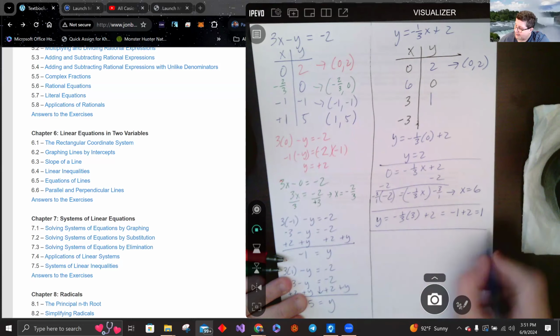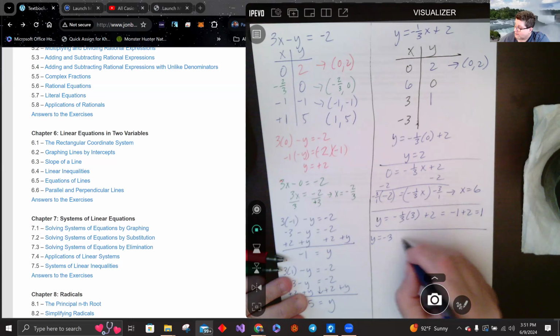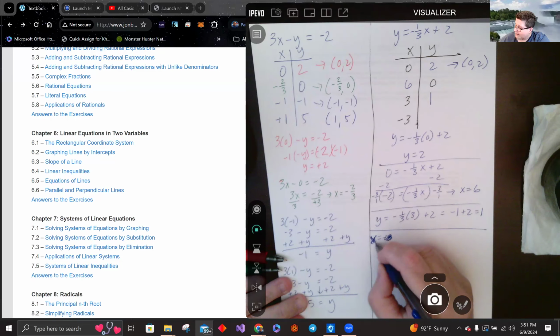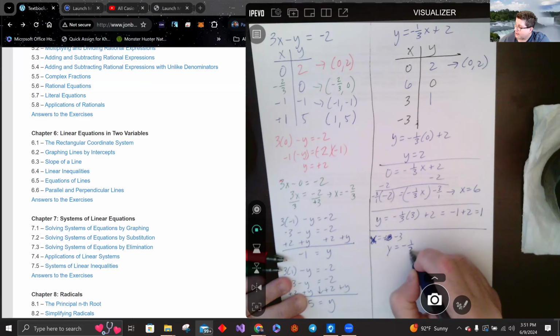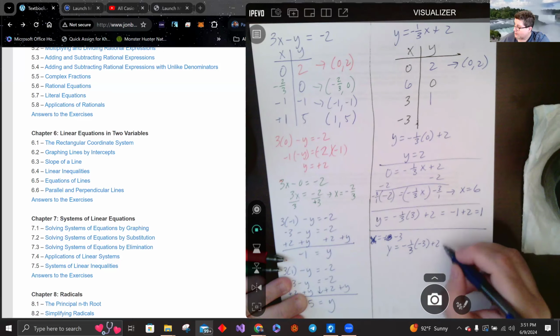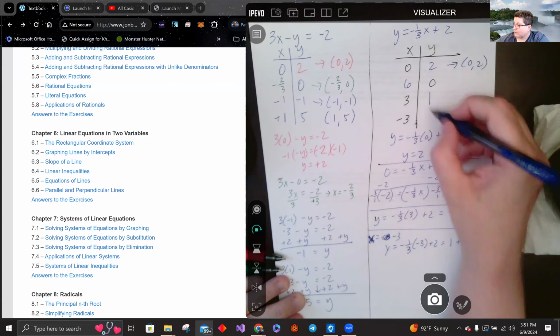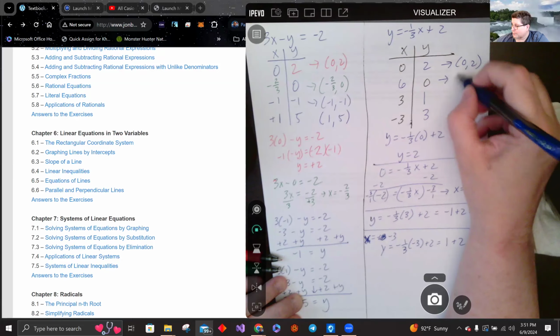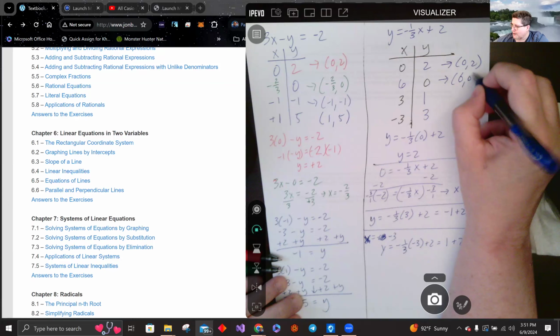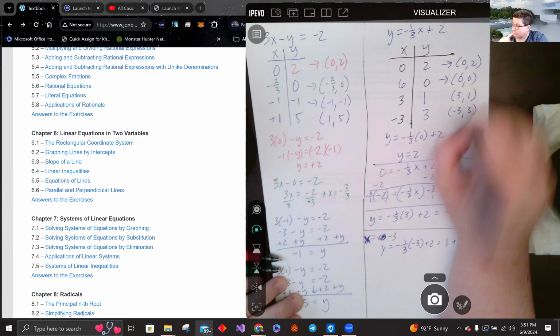And if I put in negative 3, x equals negative 3, I get y equals negative 1/3 times negative 3 plus 2. This is positive 1 plus 2, which is 3. So I get the points (6, 0), (3, 1), and (-3, 3).